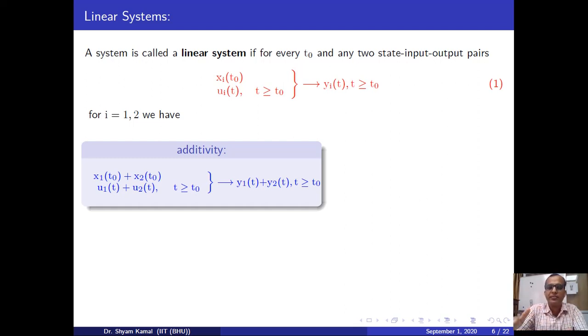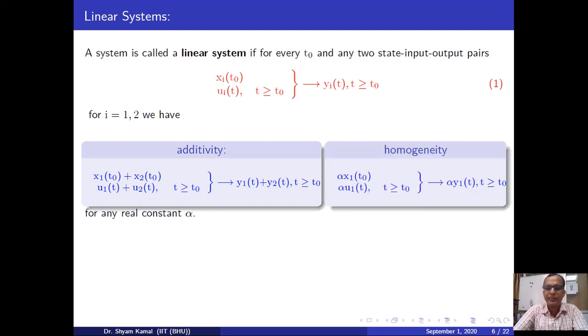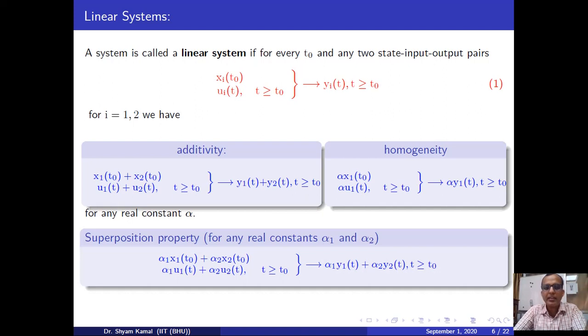This is called the additivity property, and it is a very beautiful property, because one time you can do an experiment for one signal, another time for another signal, and then just add them; the resultant signal is just the summation. The second property is called homogeneity: if you scale your state and your input by alpha, then your output is also scaled by the same number. If you combine these two properties, that is called the superposition principle.